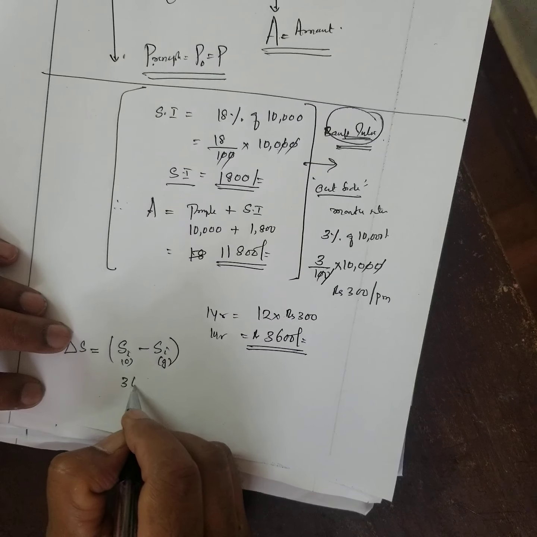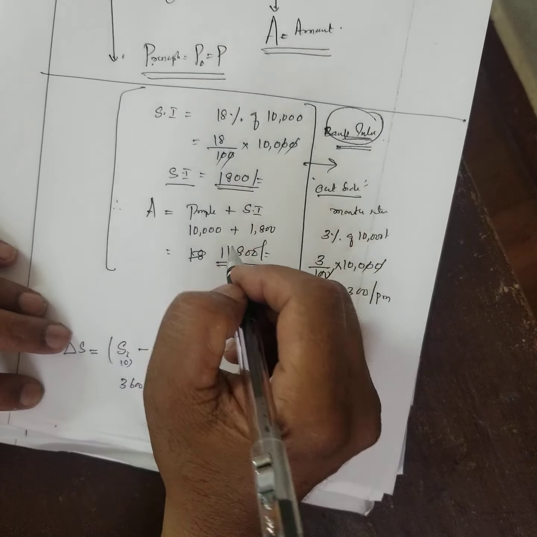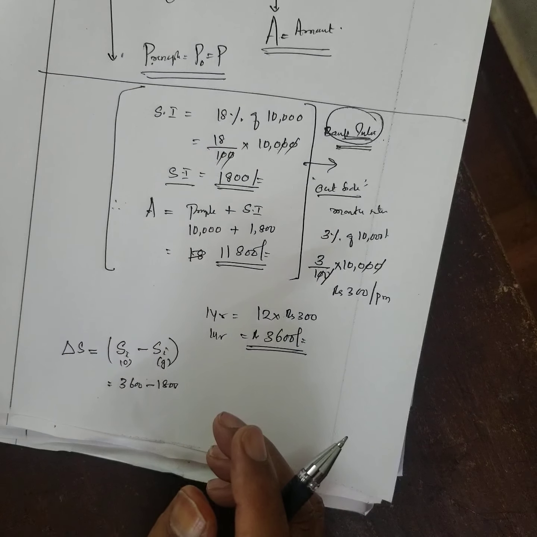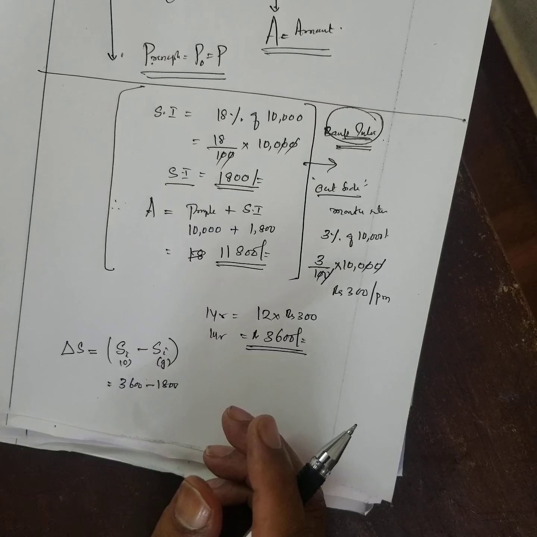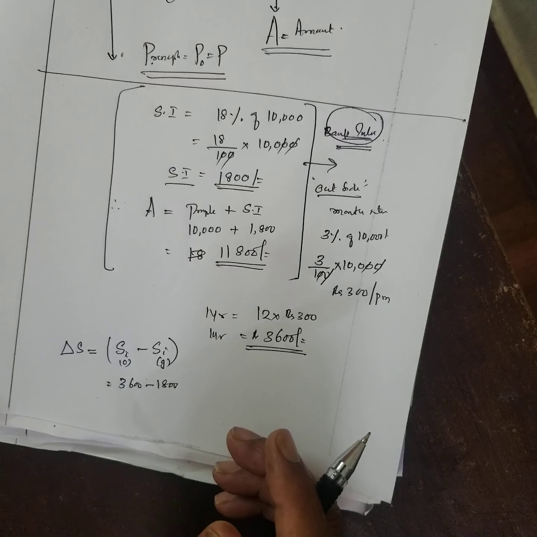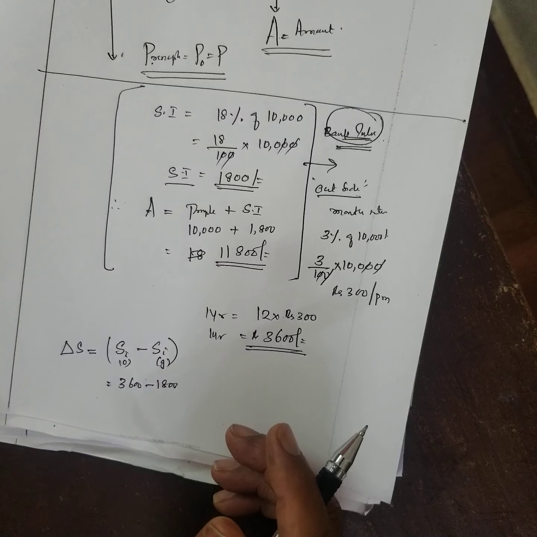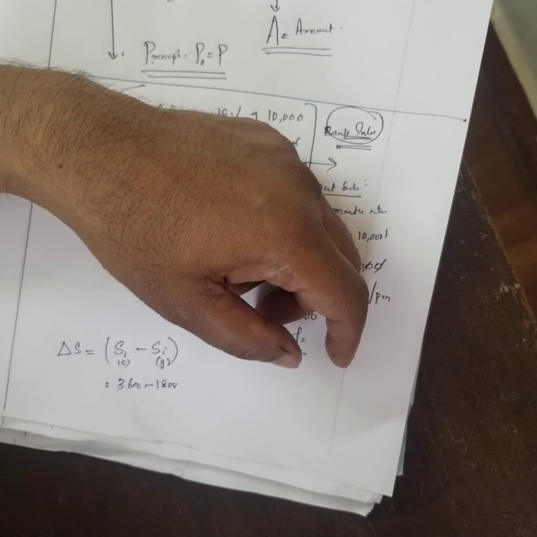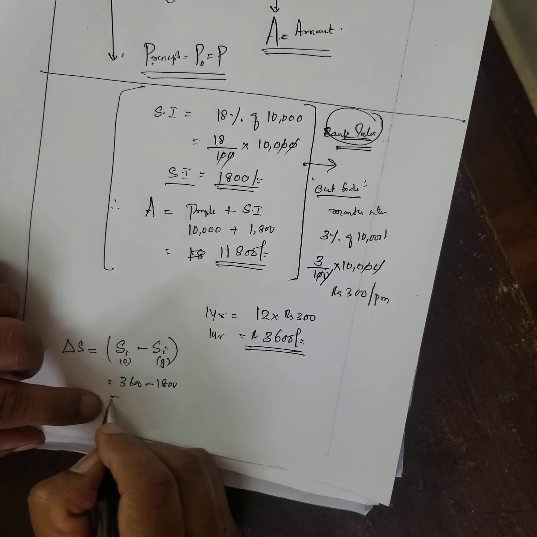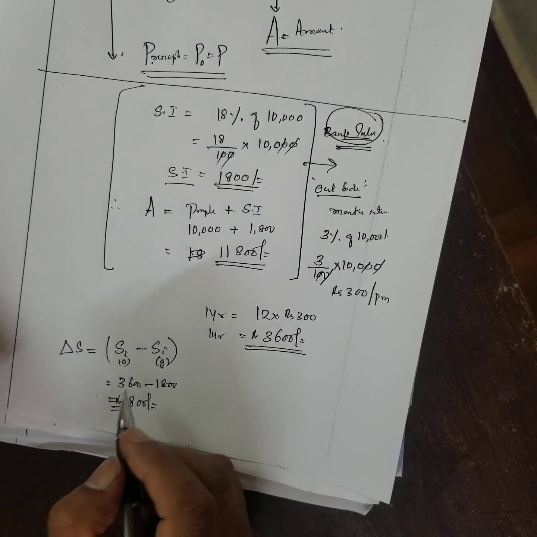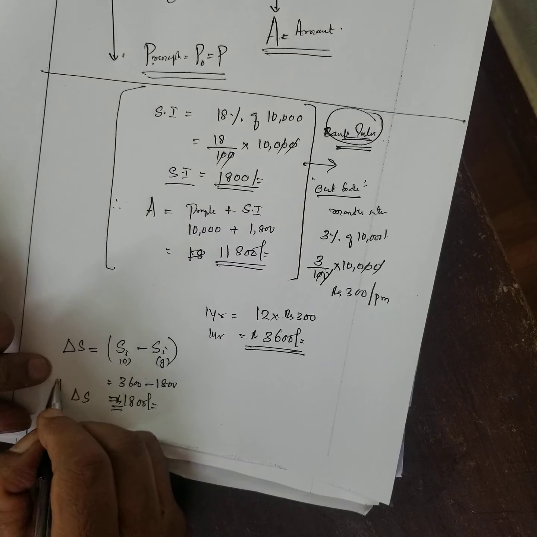Outside it is 3,600, through the government 1,800. 3,600 minus 1,800 is equal to how much? 1,800. You'll get double the amount, but it is risky.